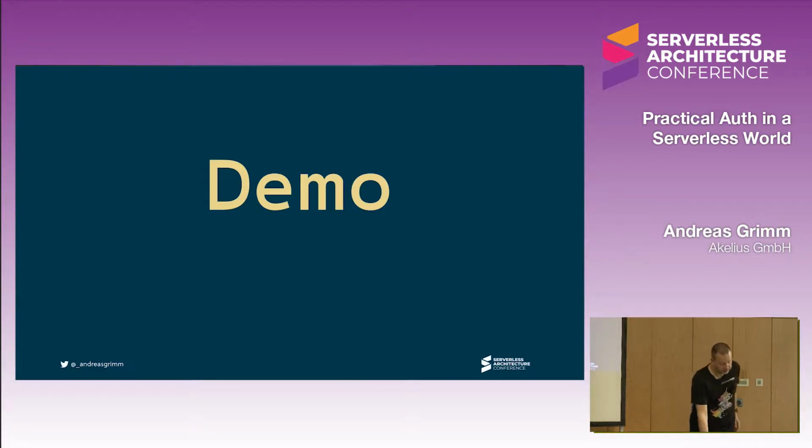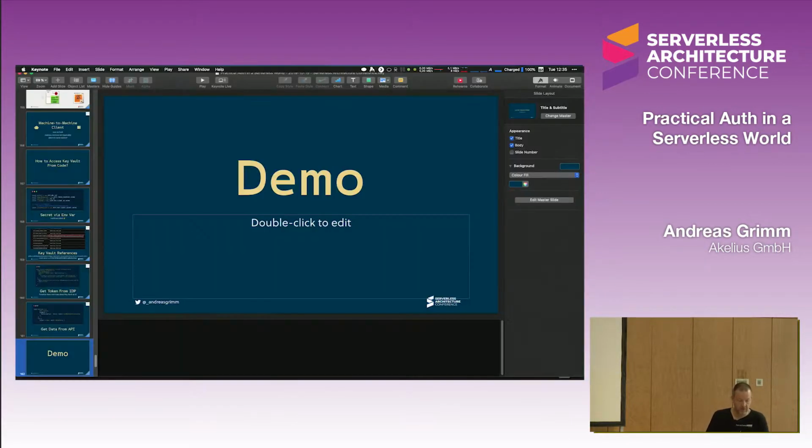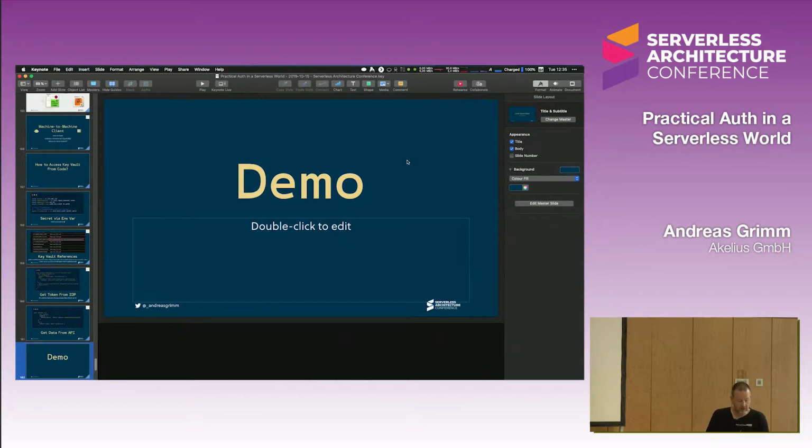But let's see a demo, because those Key Vault references, they don't give you updated values. You can add a link to only one specific version of the secret, and if you update the secret, as in you update it with a new access token, then you would also need to update your Key Vault reference, which in this case is not what we want.